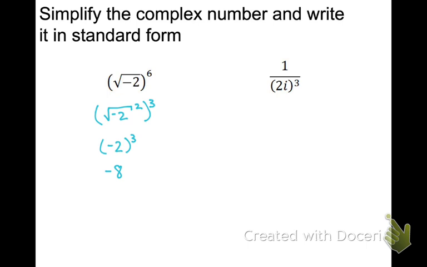Okay, so now this cubed goes to what? Both, yes? So 2 cubed, only because there's parentheses. If there was not parentheses, it'd only be on the I. Parentheses matter. So 2 cubed is 8. So 8I cubed.